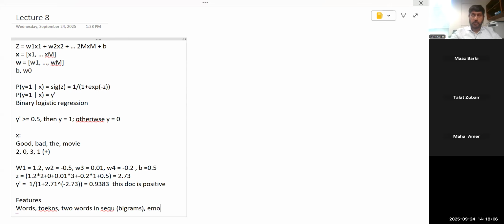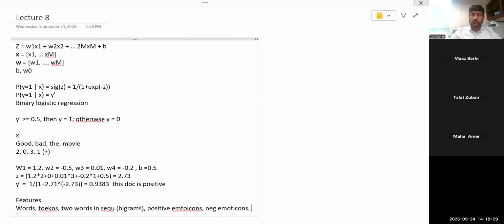So, for example, emoticons. So, कितने positive emoticons हैं, कितने negative emoticons हैं. So, for example, positive emoticons, negative emoticons. So, you can use all of these features depending on your classification problem.